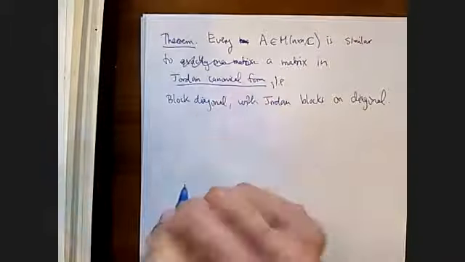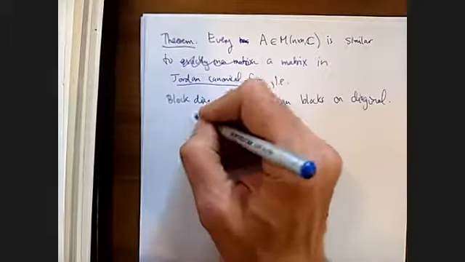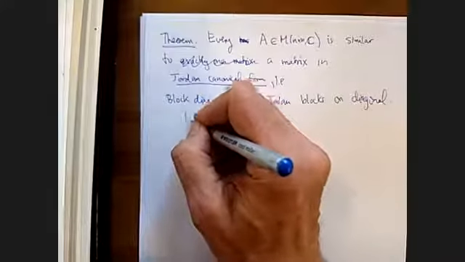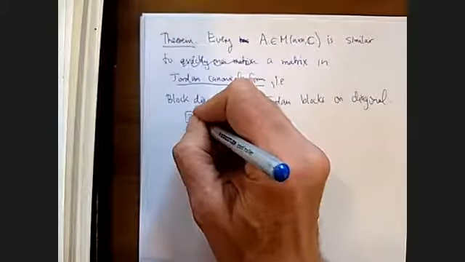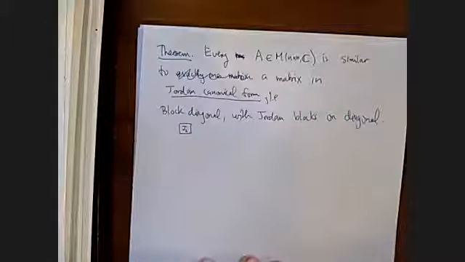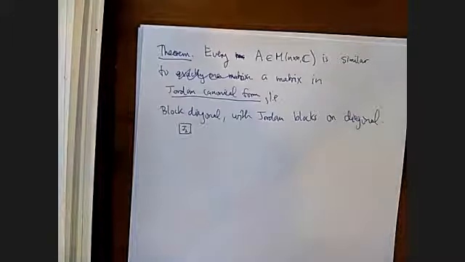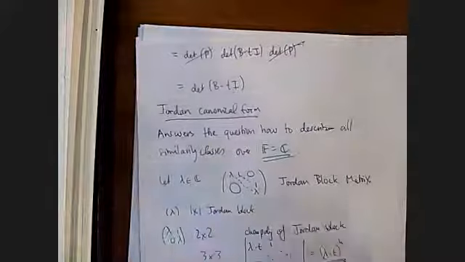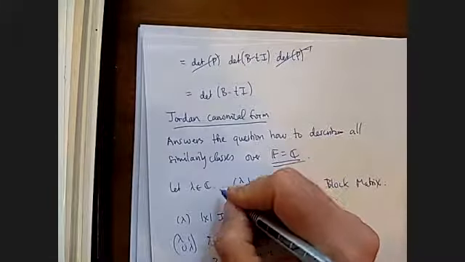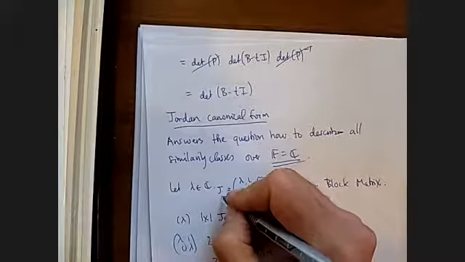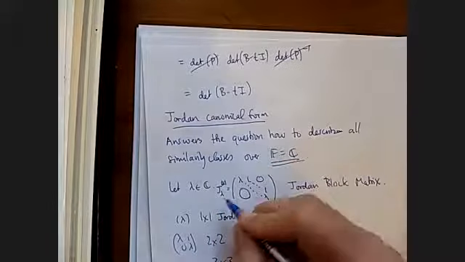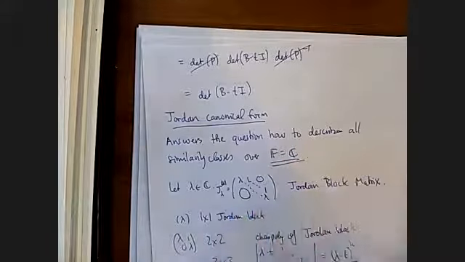So maybe I should have given this Jordan block a name. Let's call this matrix here J sub lambda upper K. So K is the size of the matrix and lambda is the eigenvalue it has.